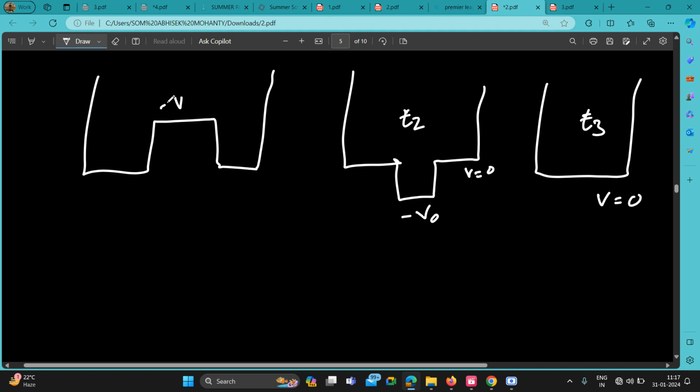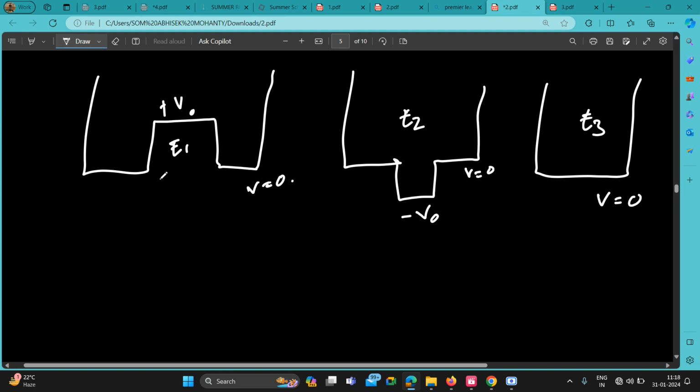Here V plus V0, E1. Okay. So here in every case we have to find out this is E1, this is E2, E3. So you have to find out which one is greater, which one is less. Okay. That's what the thing is.